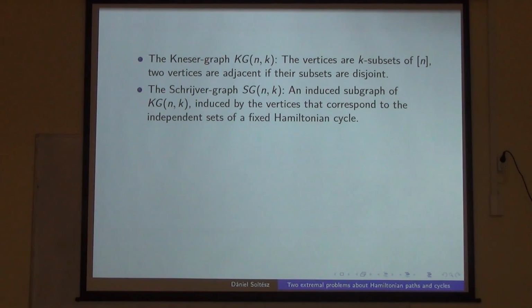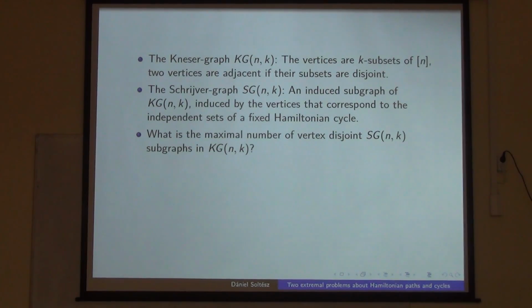Gábor Simonyi, who is my advisor, and Rona Haroni are doing some topological combinatorics, and they became interested in the question of how many vertex-disjoint Schrijver graphs are in the Kneser graph. This sounds rather specific, but we will reformulate it in terms of Hamiltonian cycles and independent sets in a minute.